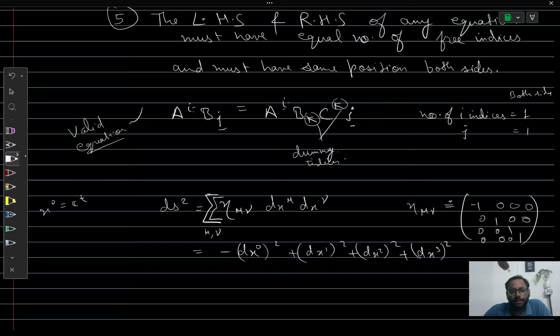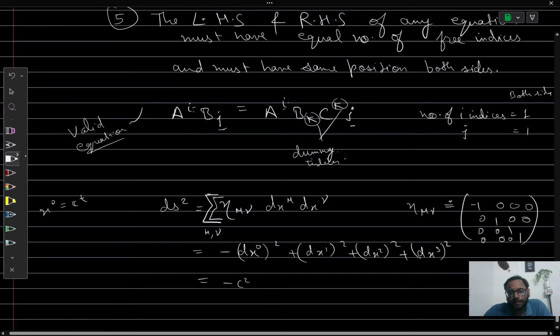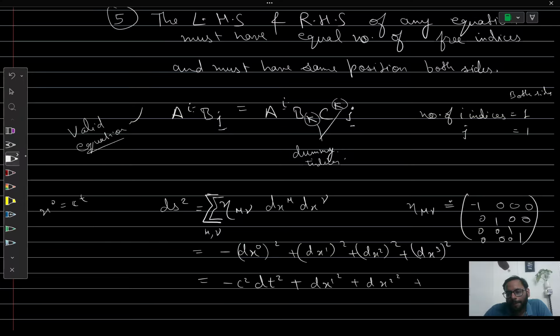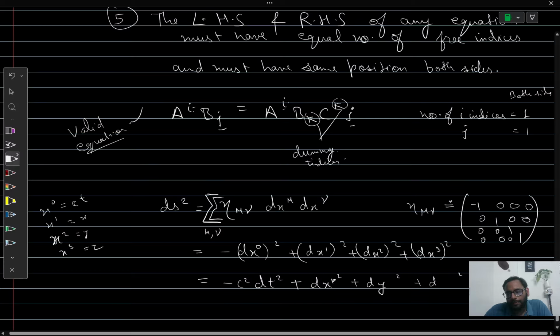If it is ct, then you will get this kind of Minkowski interval. Take x1 as x, x2 as y, x3 as z, then you can rewrite that. Of course, you know this, right?